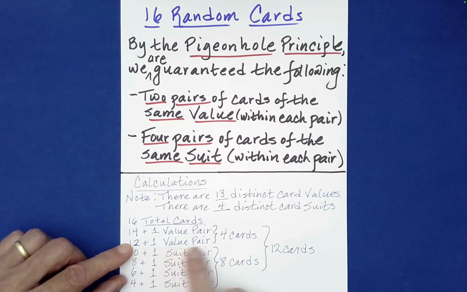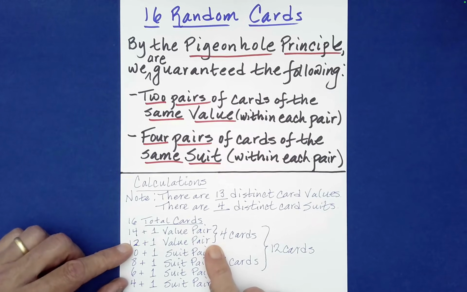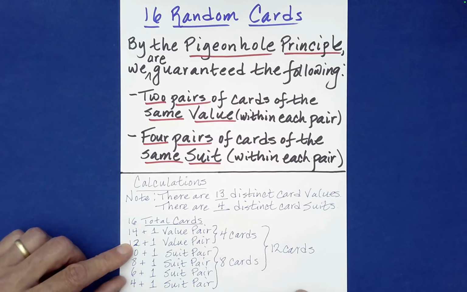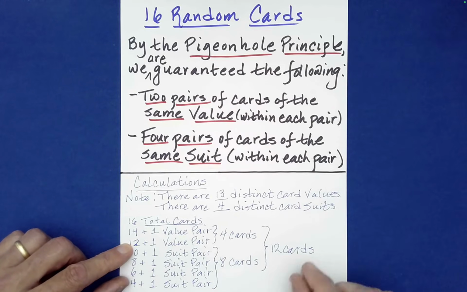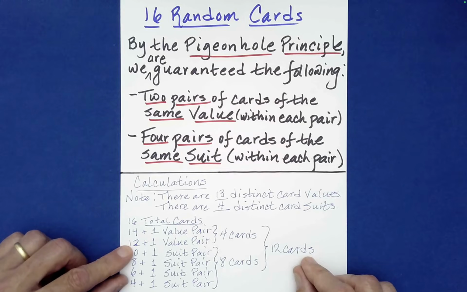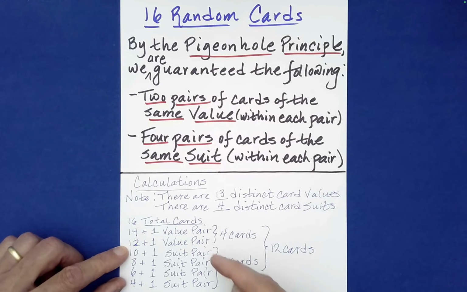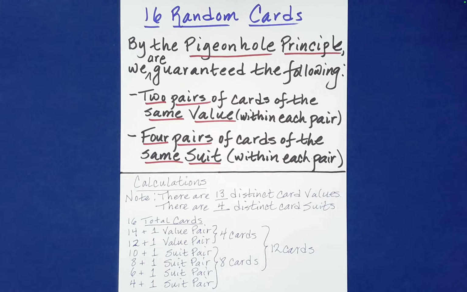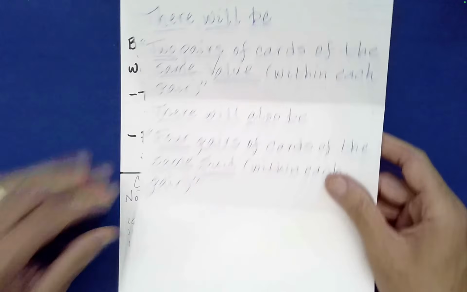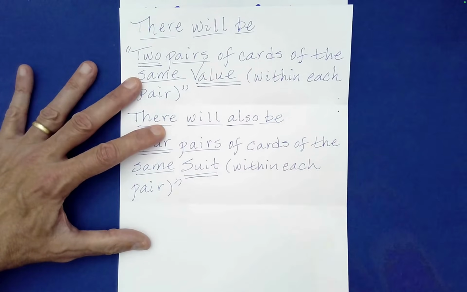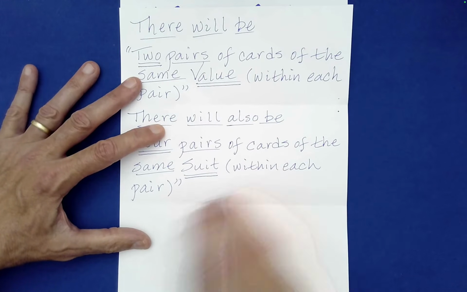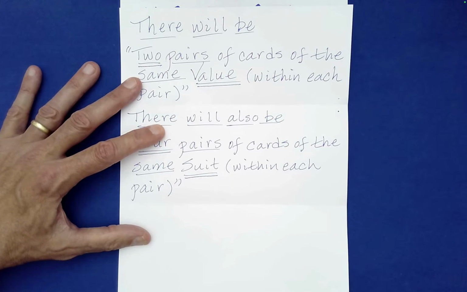So you now have 2 pairs that match in value within the pairs. Pull those cards out. Of course, you're down to 12 cards left. And then you just do the similar sort of thing for the suits. Okay, so you're just decreasing the numbers on the far left by 2 every time you pull out a pair. So you are guaranteed to be able to satisfy this prediction exactly as written, no matter what 16 cards you're handed.